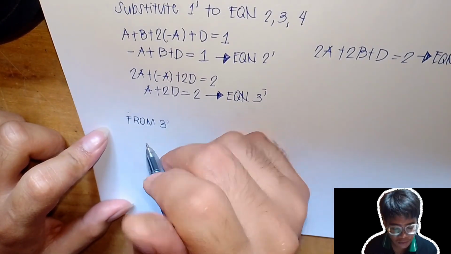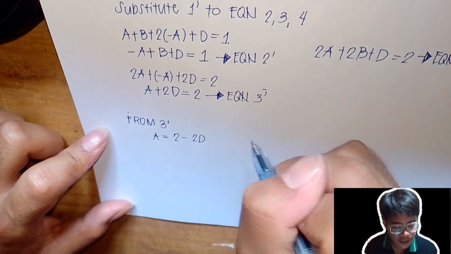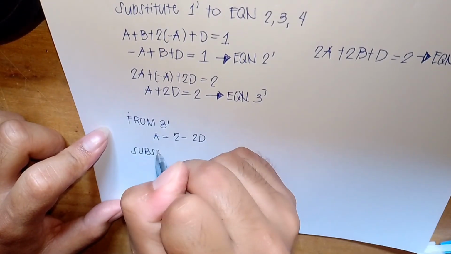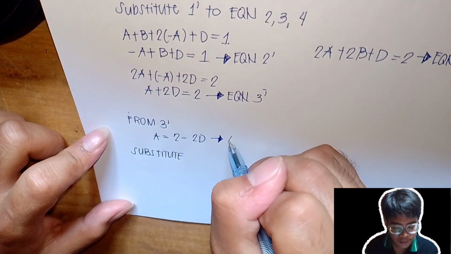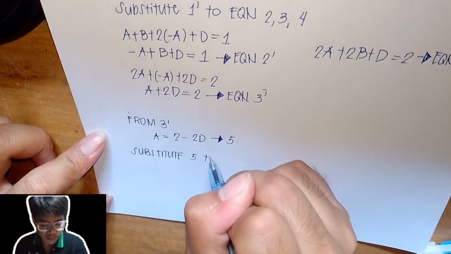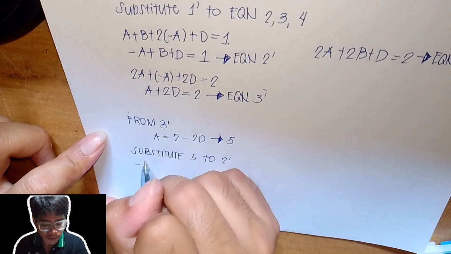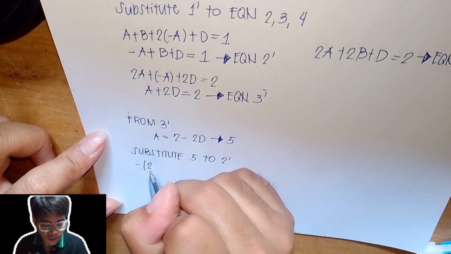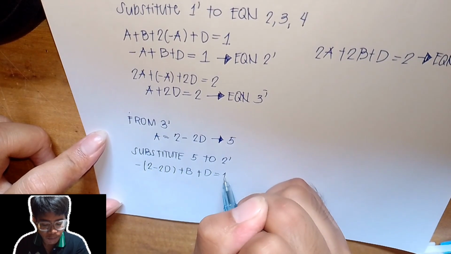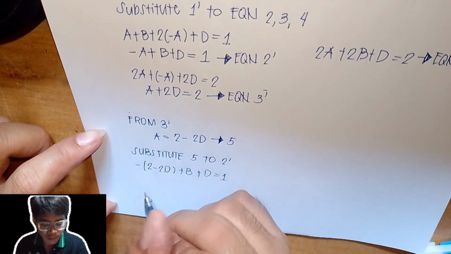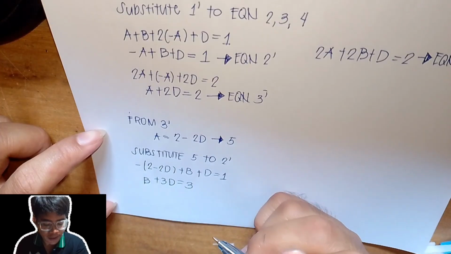From equation 3 prime, A is equal to 2 minus 2D, equation number 5. Substitute 5 into equation 2 prime. Negative 2 minus 2D plus B plus D is equal to 1. B plus 3D is equal to 3, equation number 6.